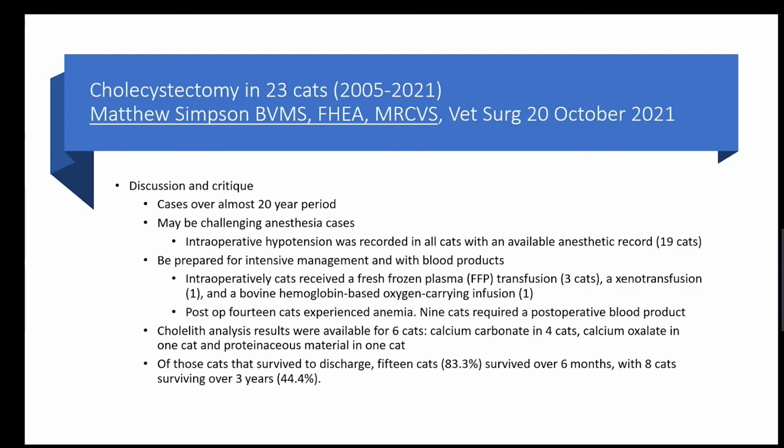So it helps us to realize that while the prognosis is better than previously reported, we do need to be prepared for a potentially challenging anesthetic experience and the need to have blood products available. But again, overall, it did give us the positive information that of those cats that survived through surgery, at 6 months, 83% were still alive, and almost half of the patients survived for 3 years.